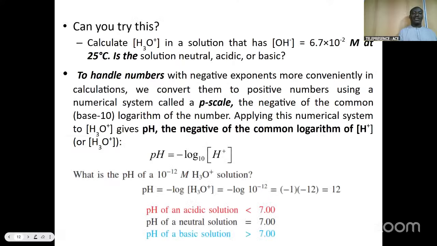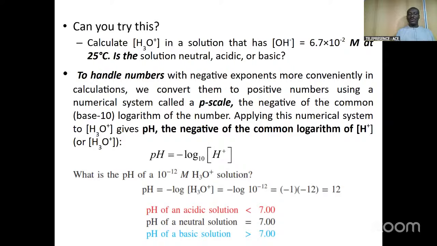In this next slide, you're asked to calculate the hydronium ion concentration in a solution that has OH concentration of 6.7 times 10 to the power of minus 2 at 25 degrees Celsius. Question: is the solution neutral? Is it acidic or basic? I'm sure you should be able to do that with relative ease. All right, now let me progress.